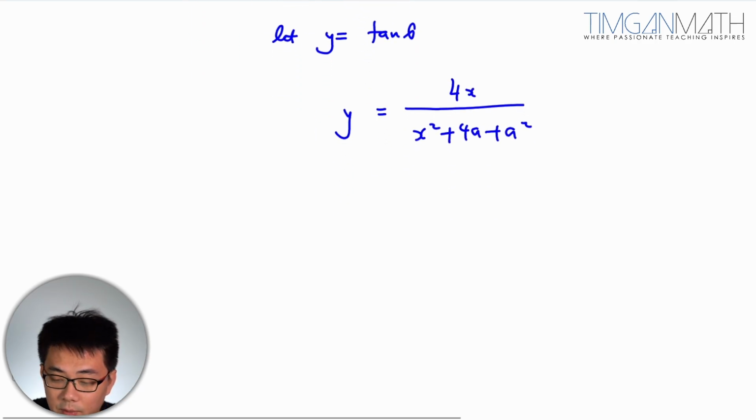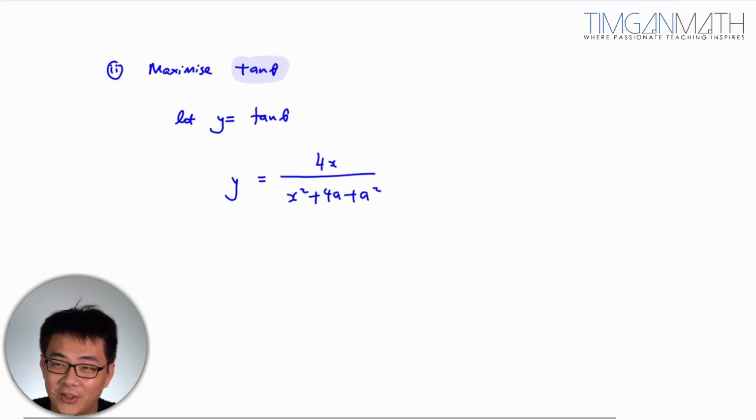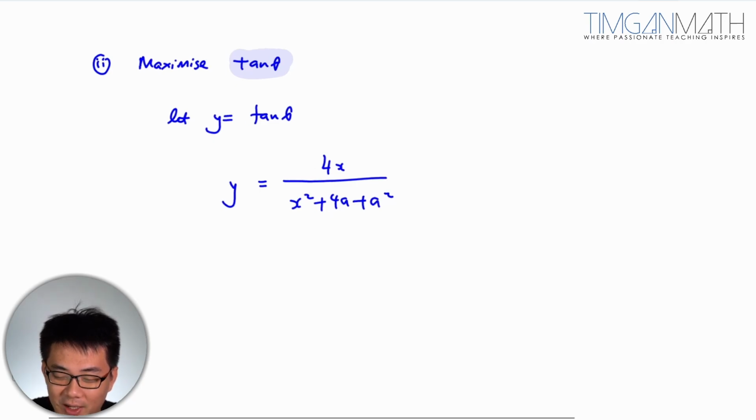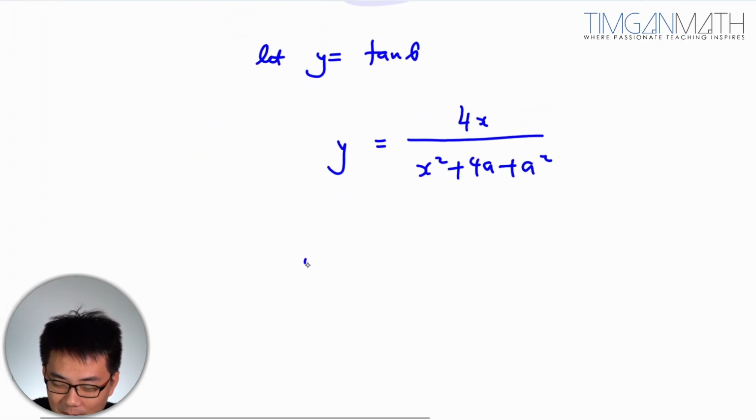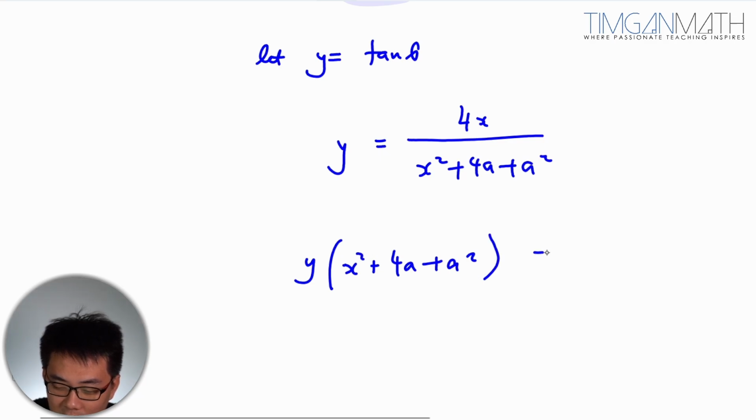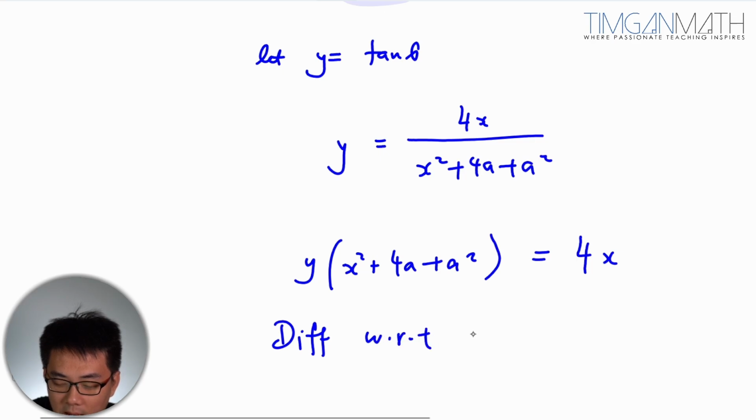Now I am a strong proponent of using implicit differentiation. I don't really like to use the quotient rule. So what I'll do is multiply this up so that it will be easier. So y times x squared plus 4a plus a squared equals 4x. Then I'm just going to differentiate with respect to x.